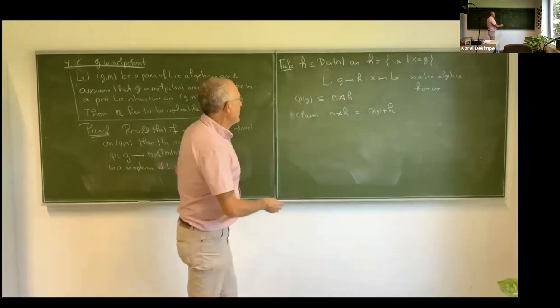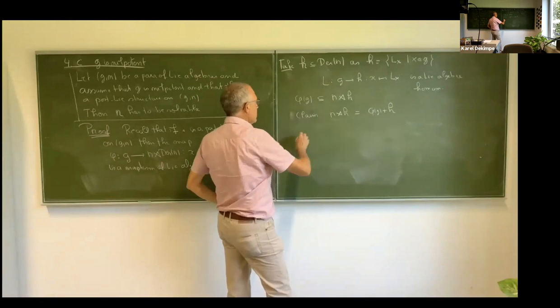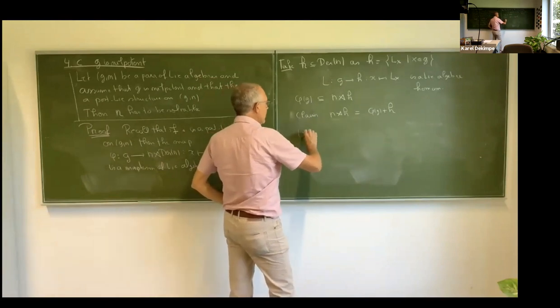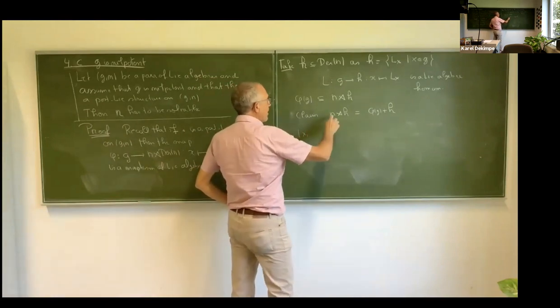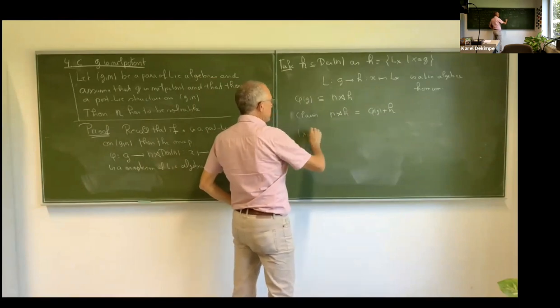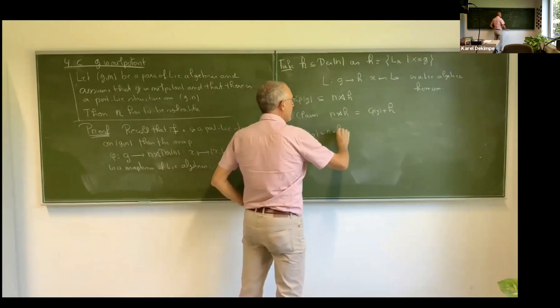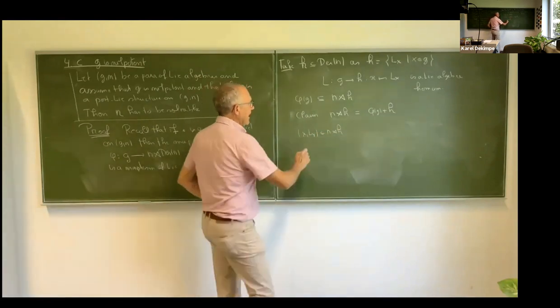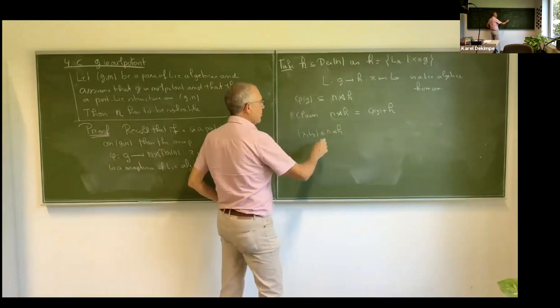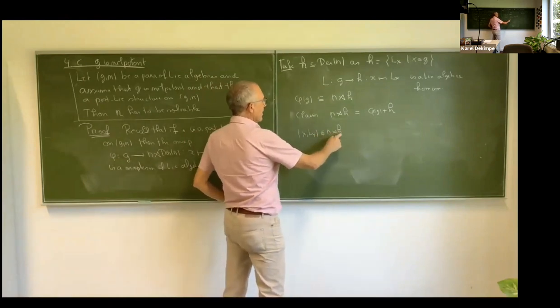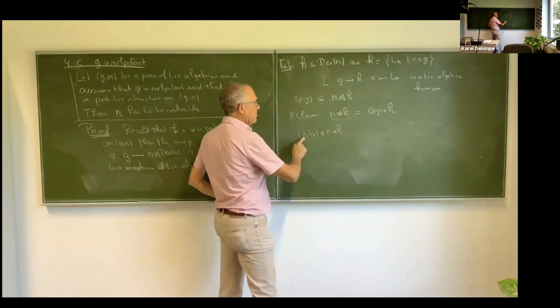The proof is not so difficult. So take any x in n, and any y from this space n semi-direct H. So I take an x over here, an L of y over here, and this forms this couple.